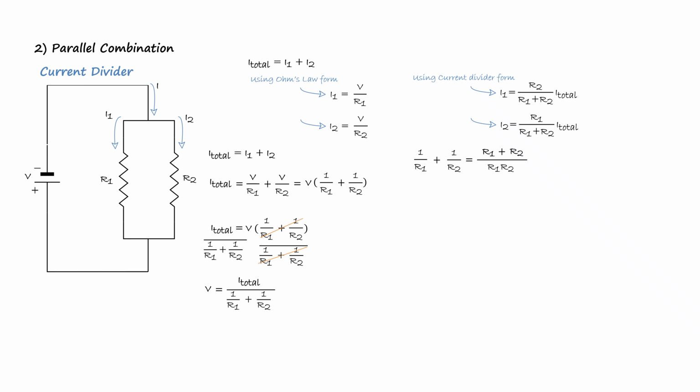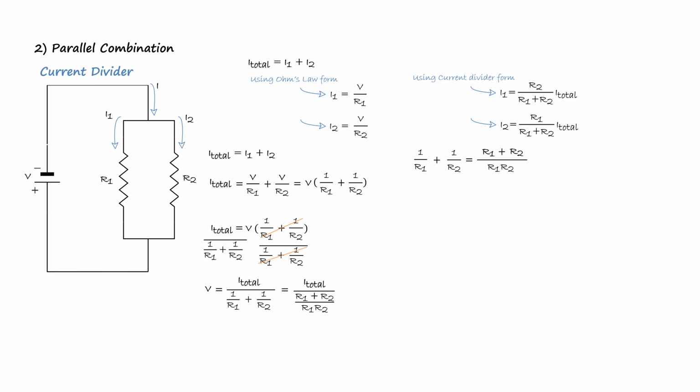And so V is equal to I total over R1 plus R2 divided by R1 times R2.